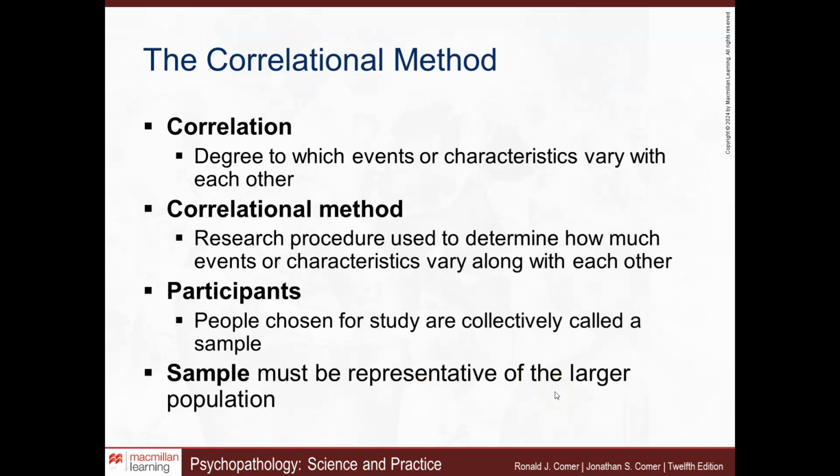Let's dig a little bit deeper into correlation. Correlation is the degree to which events or characteristics vary with each other. There might be a relationship. The correlational method is used to determine what we call co-relationship between variables.